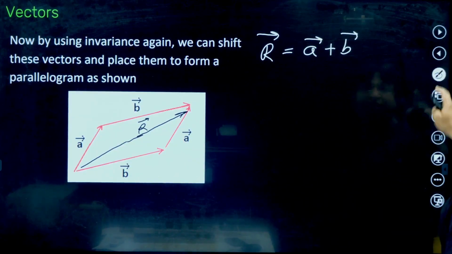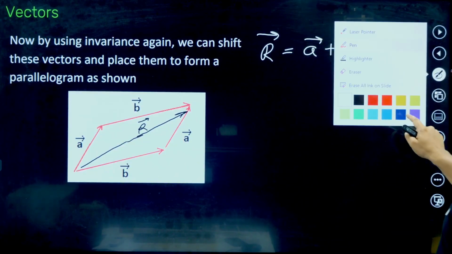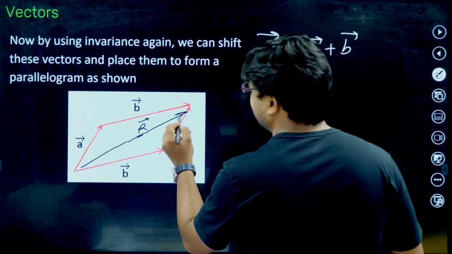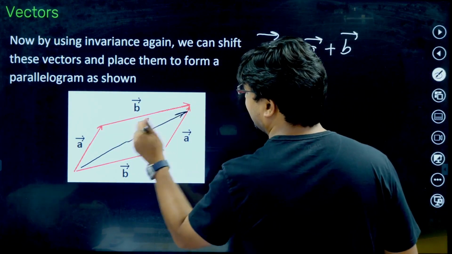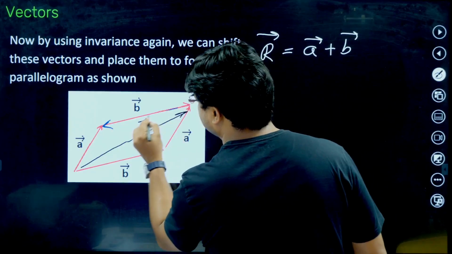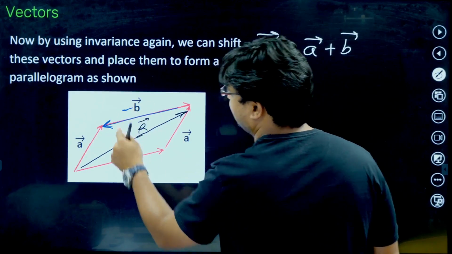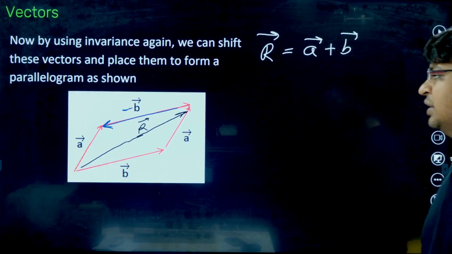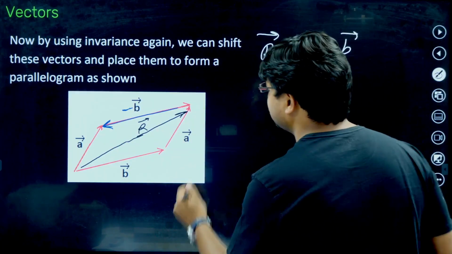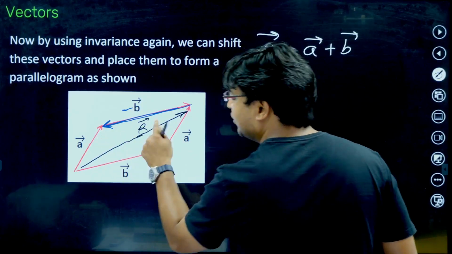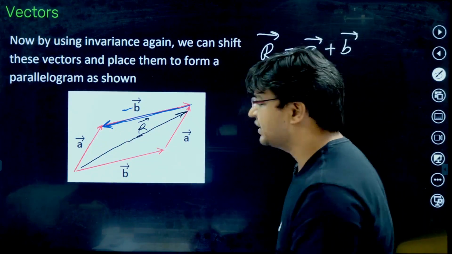Now let's say instead of drawing the arrow here, I put the arrow on this vector. So this is now minus b vector. Ignore the r vector now.